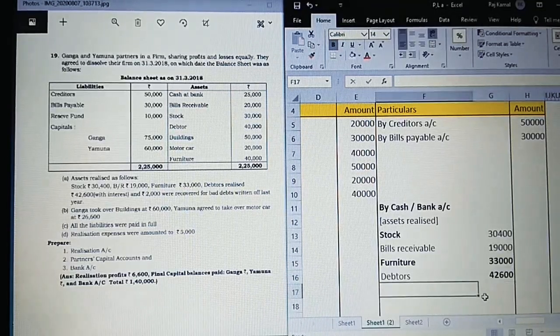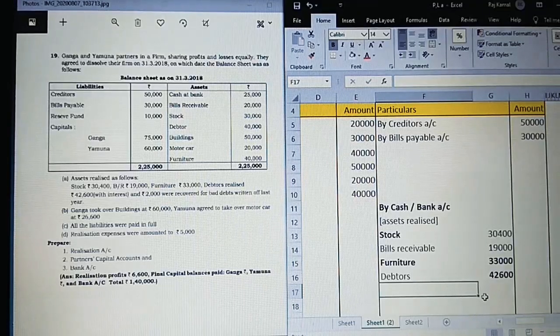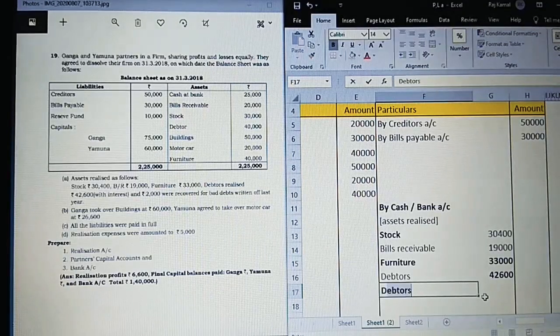Never mind about interest. What is being received is what is important. In dissolution, we're not going to compare what actually it is, whether it is high or less. We're just going to take whatever comes in, whether it is with interest or without interest. It's anyway income for us, right? Then 2,000 were recovered for bad debts written off last year. So it's going to be mentioned as bad debts recovered.